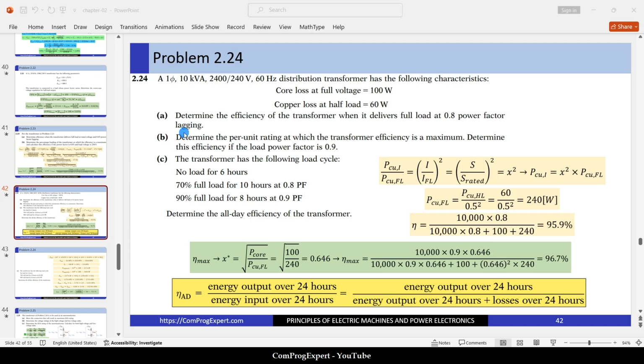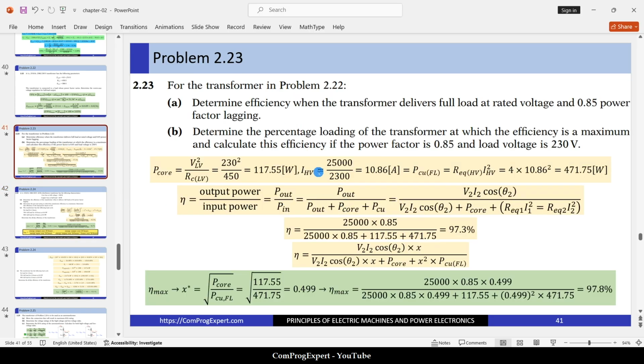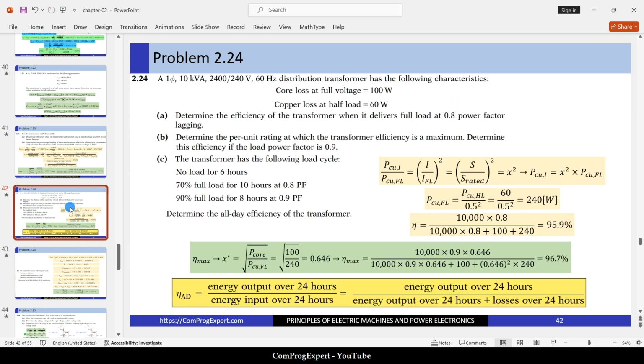Okay. We can use the same equations that we had for problem 23. First of all, we need to calculate the value of the copper loss for the full load. We have this ratio, this fraction. The copper loss at any current is the load fraction to the power 2 times the copper loss for the full load.